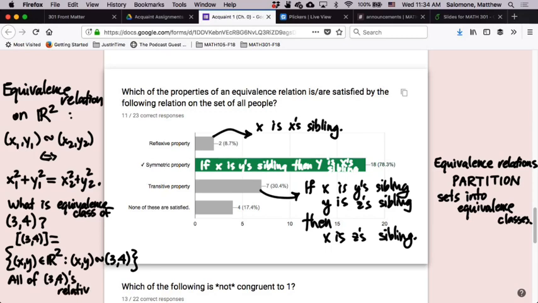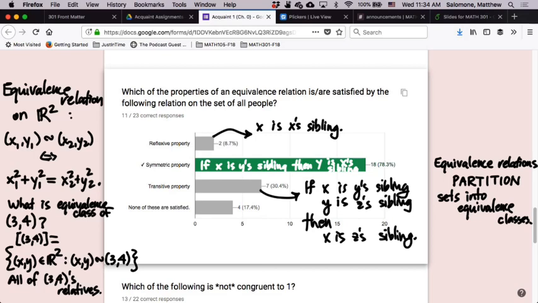Well, how would I know what's related to 3, 4 by this equivalence relation? If I just plunk this definition of my equivalence relation into the observation here that defines membership in that equivalence class, then what do I get here?